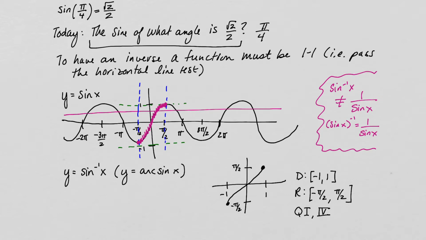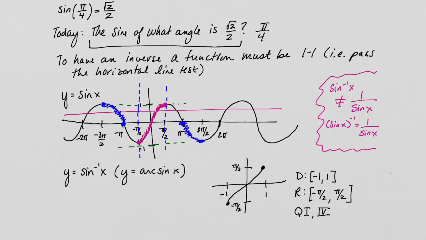The second thing is that I could pick any piece of the sine function that covered everything. For instance, I could have taken the piece between -3π/2 and pi, which takes care of the top stuff, and then the piece between pi and 3π/2.